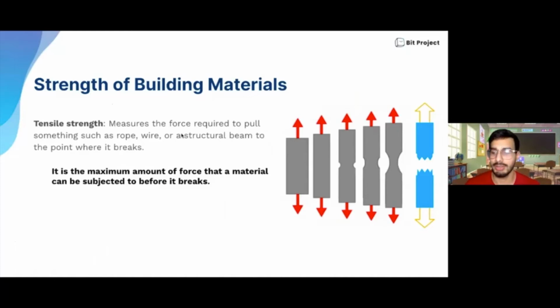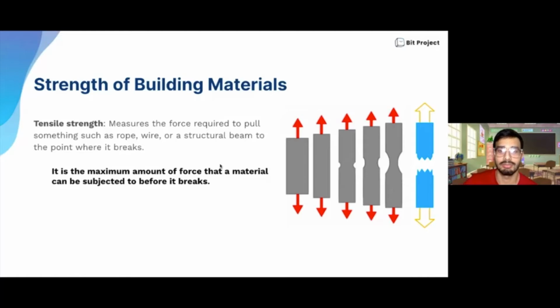So what actually determines the strength of a material? What makes one stronger than another? Why is metal stronger than a piece of wood? That has to do with what we call tensile strength, which measures the force required to pull something to the point where it breaks. So it's the maximum amount of force a material can be subjected to before it breaks.